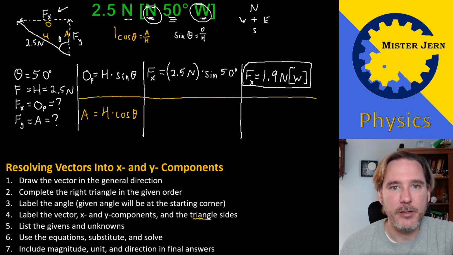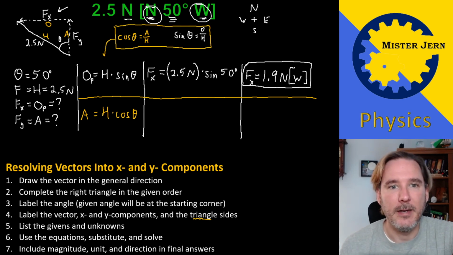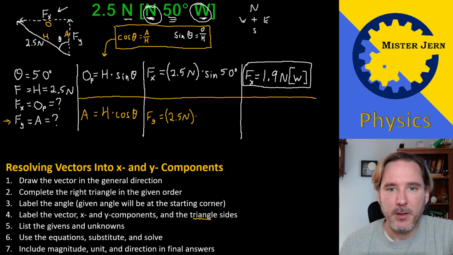So these two equations up here give us the two equations that we're always going to be using down here. They're just rearranged versions of those. So once again, substitute and solve. In this case, A is going to be our Fy. So Fy is equal to our hypotenuse, which is 2.5 newtons again, times the cosine of theta, which is 50 degrees.